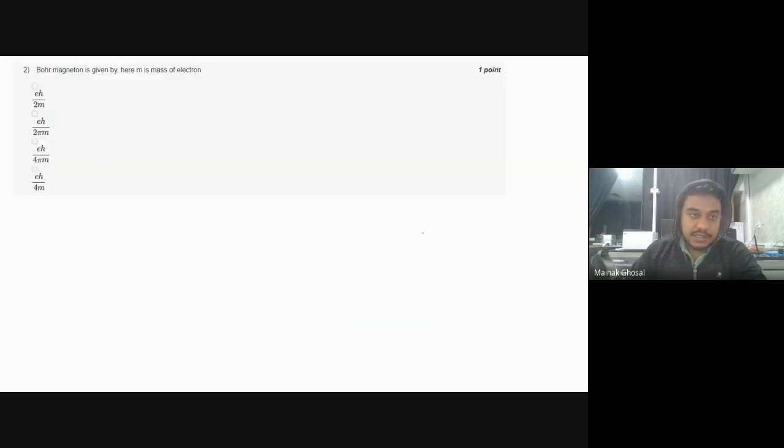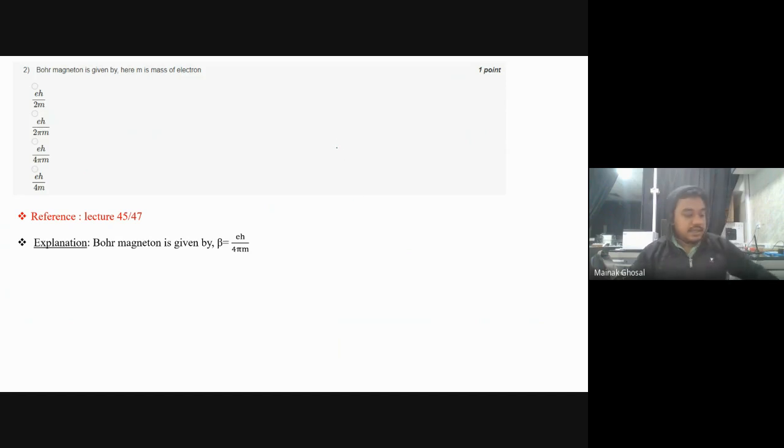My next question is about the Bohr magneton, given in terms of the mass of the electron. You can also find this answer in lecture number 45 or 47. Professor Bakshi has explained that the Bohr magneton is given by beta equals eh by 4 pi m. How this comes about, you can find in detail in lecture number 45, at the start of resonance spectroscopy.